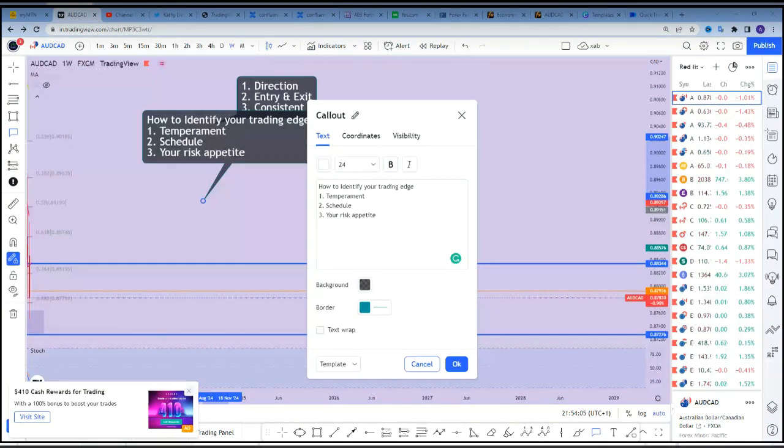The more your confidence grows, the more you can leverage on your risk appetite, because now you're more confident about what you're doing, and then it becomes easier to risk more.